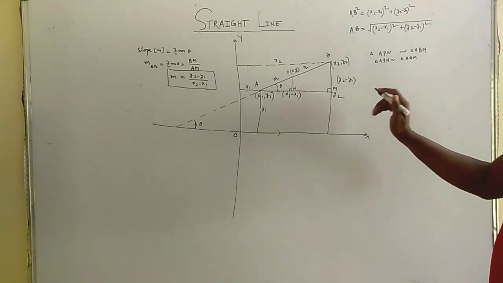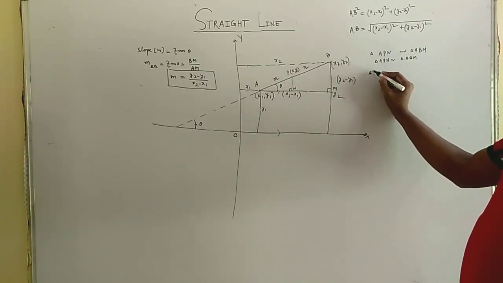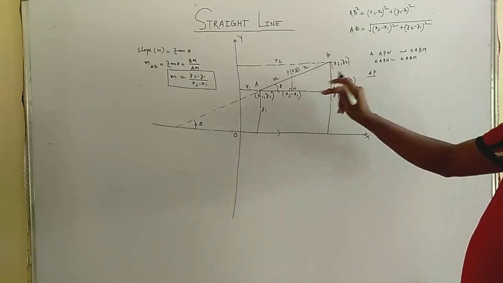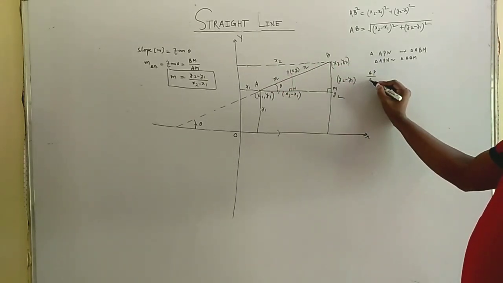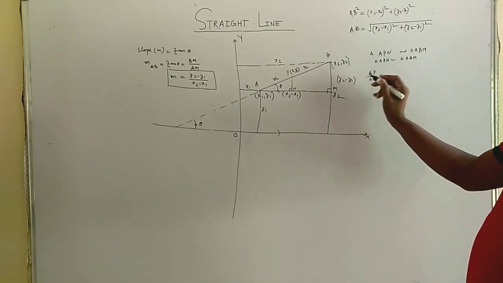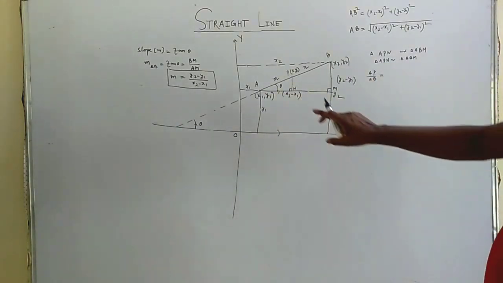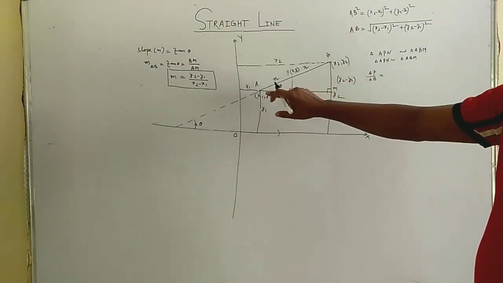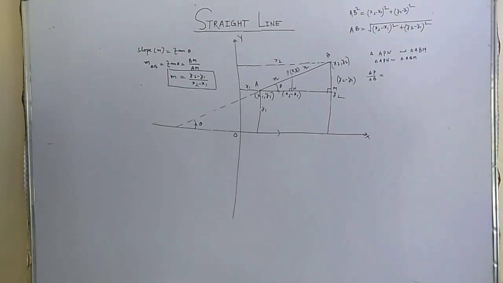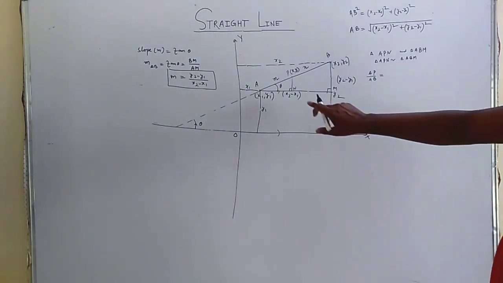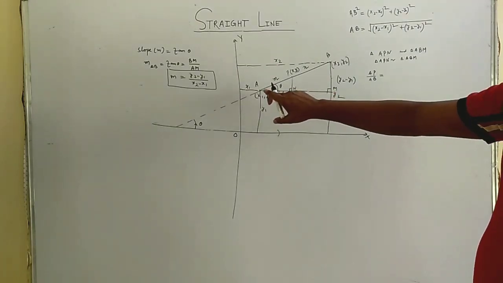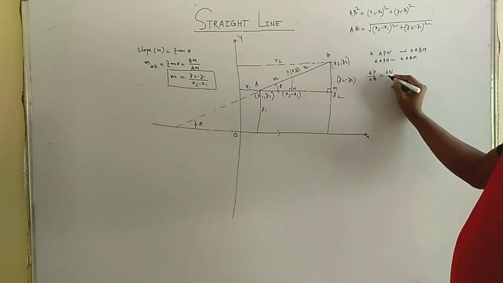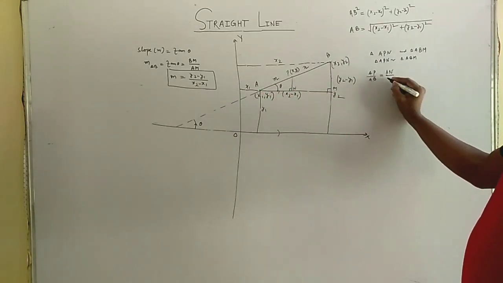So I go for the smaller side, so I write AP over AB, and for the base, you can take this one also, AP over AB is equal to AN over AM.